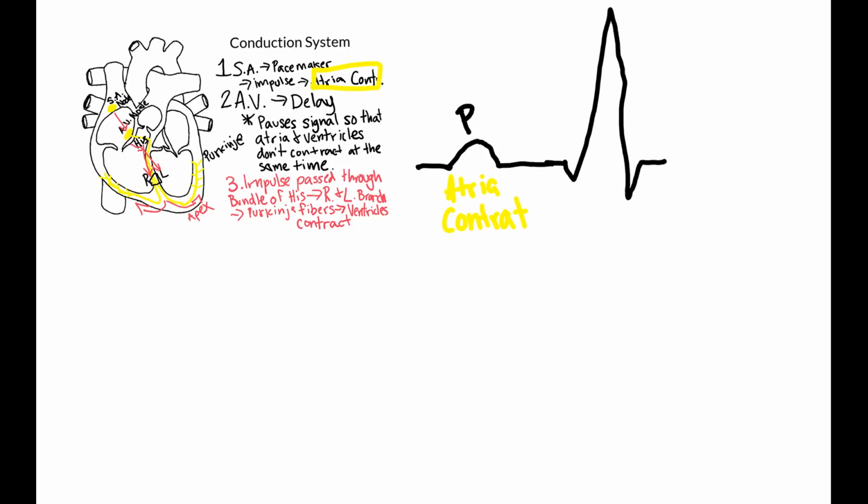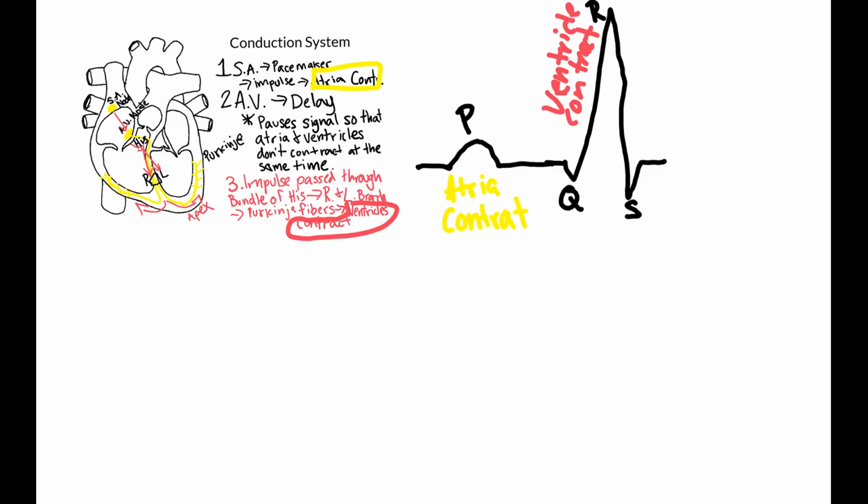So this is the QRS. And the QRS is representing when the ventricles are contracting. So these are the ventricles. Ventricles contract.